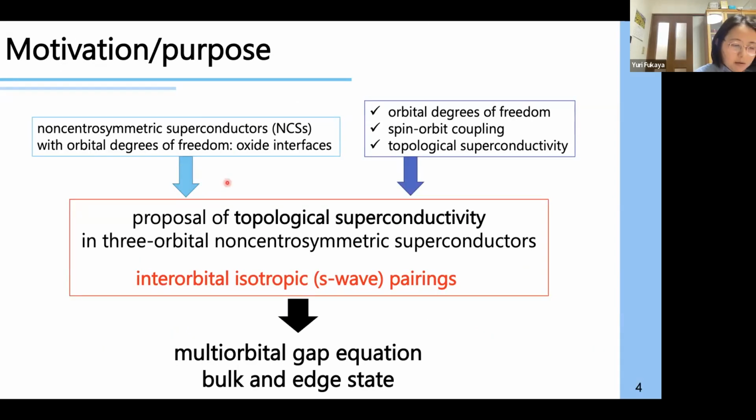Our motivation is topological superconductivity and spin-orbit coupling. Here, we propose topological superconductivity in three-orbital non-centrosymmetric superconductors by focusing on the interorbital isotropic pairing symmetries. Then, we solve the multi-orbital gap equation to find the favorable pairings and investigate the bulk and edge states.